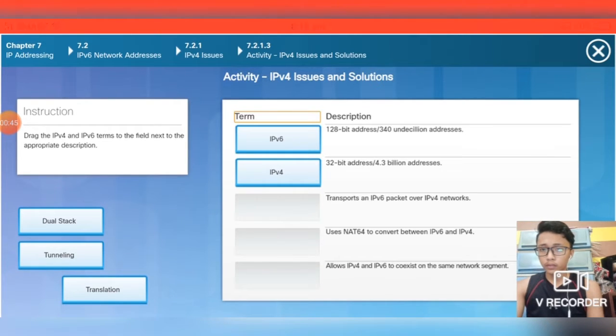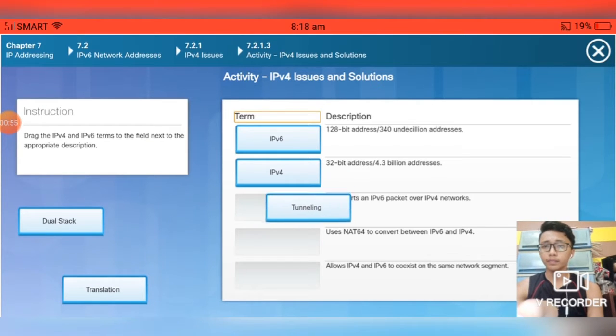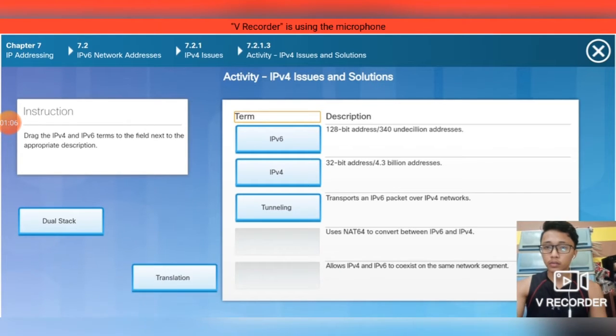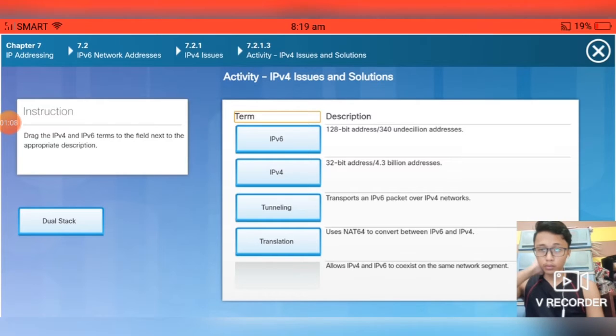Second is the transport an IPv6 packet over IPv4. So from the word transport, this is tunneling. Uses NAT64 to convert between IPv6 and IPv4. So this is translation because of the word convert.